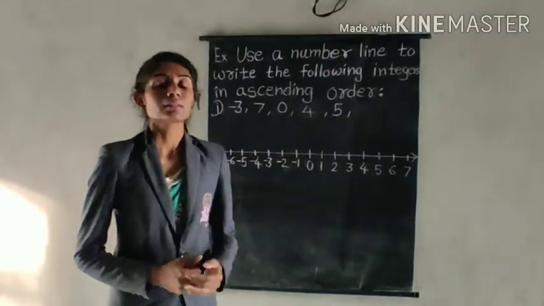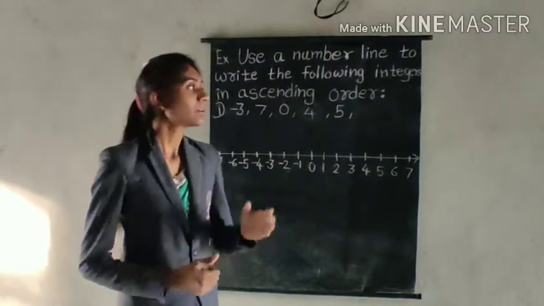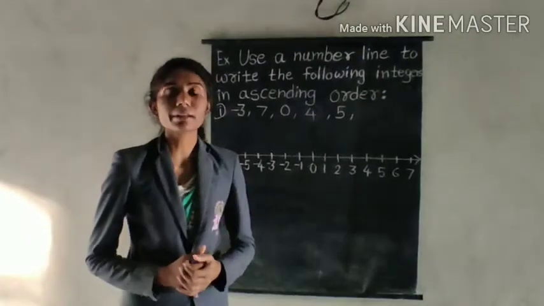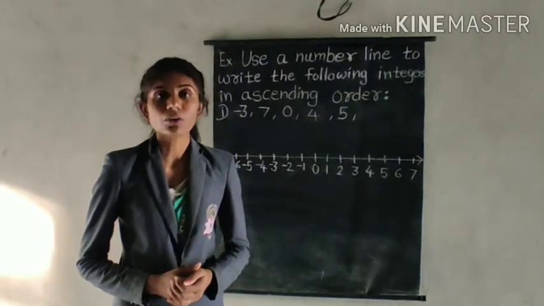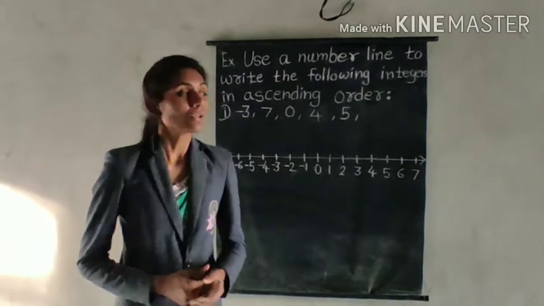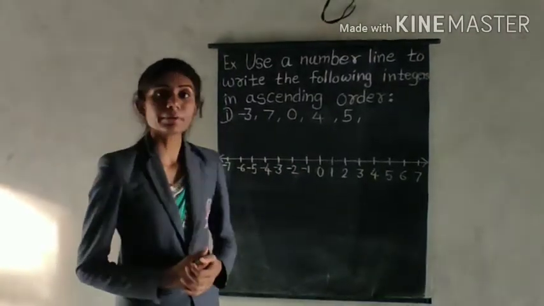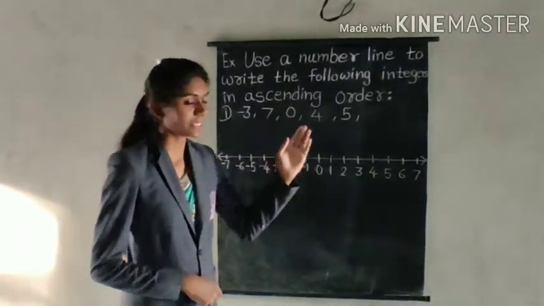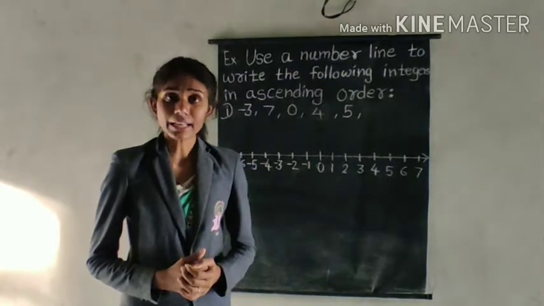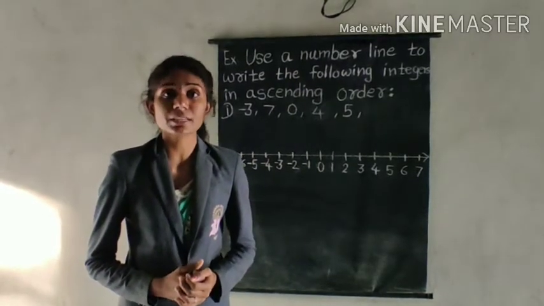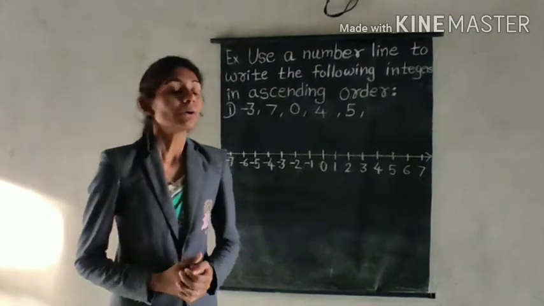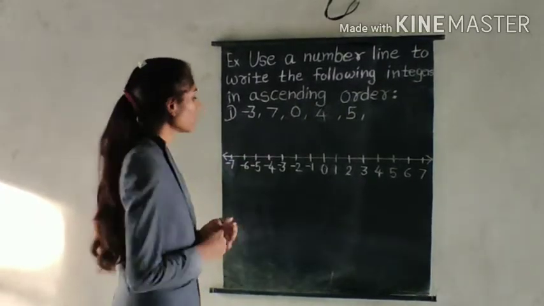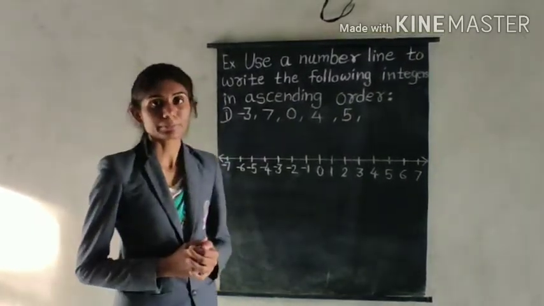We will solve examples to arrange numbers using the number line in ascending or descending order. In this example, they give us some positive and negative integers, and they tell us to arrange them in ascending order. So the first step is we need to draw the number line.